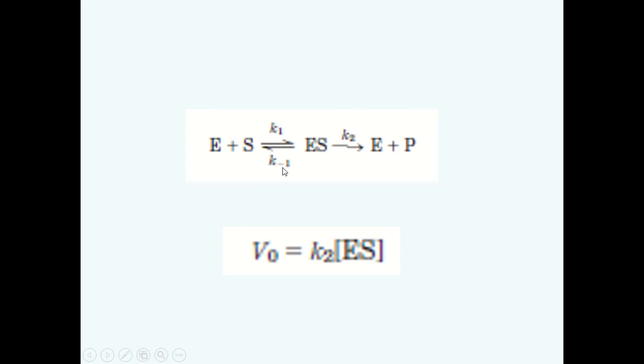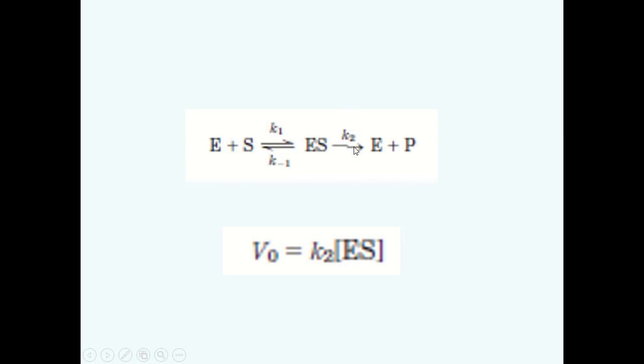In different textbooks, these representations may be different. This one is taken from Lehninger Principles of Biochemistry. Then when the enzyme substrate complex is formed, the transition state is achieved, and eventually the substrate is converted into the product. So this reaction is given by the rate constant K2.